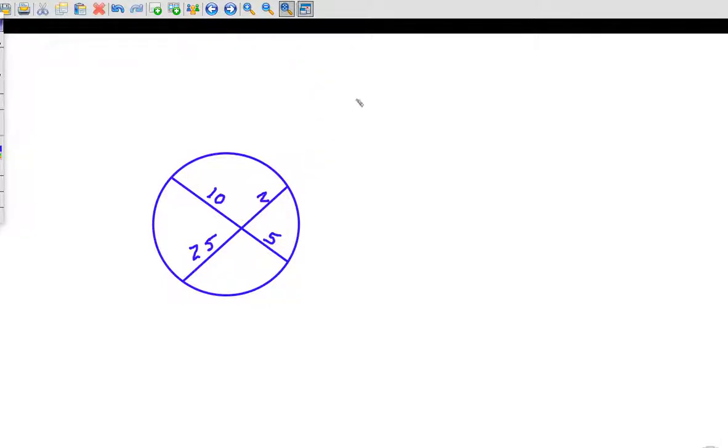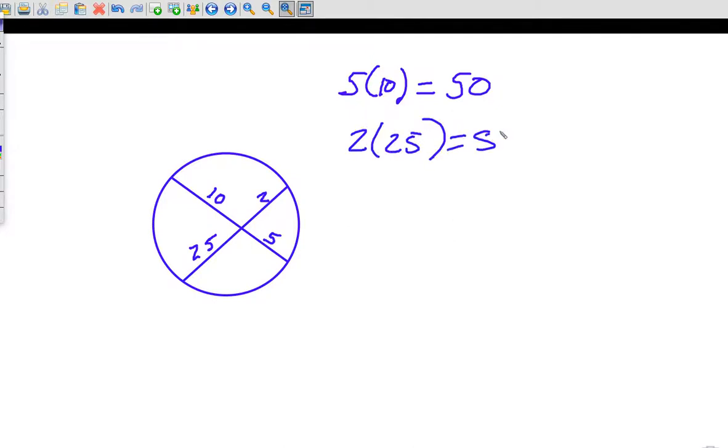So if you notice, 5 times 10 is equal to 50. 2 times 25 is also equal to 50. And that's not just a coincidence. When you have 2 chords that intersect one another, the products of the segments of each chord are equivalent to one another.